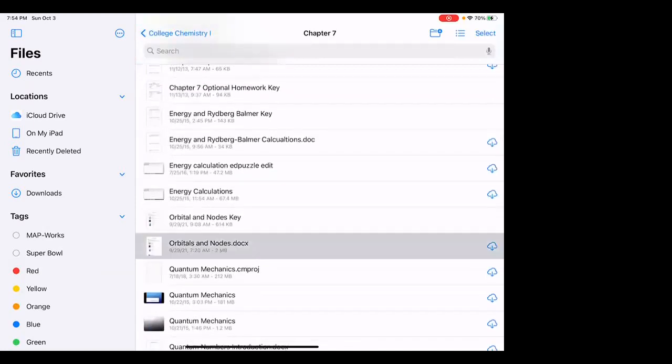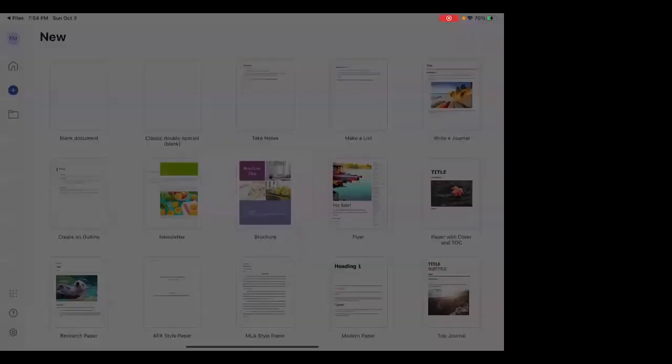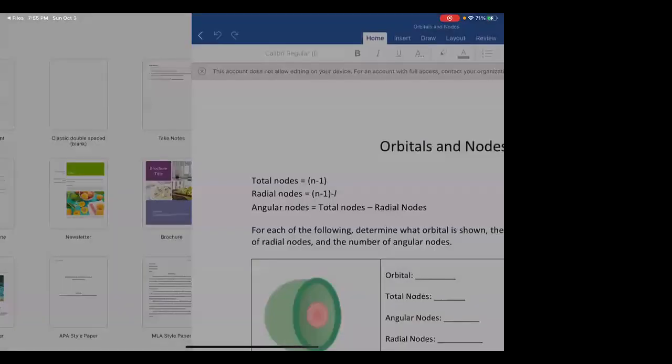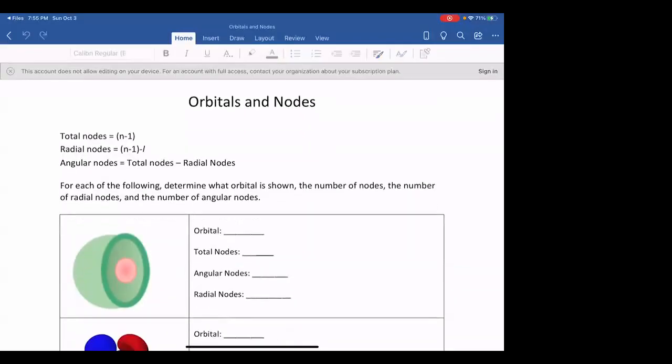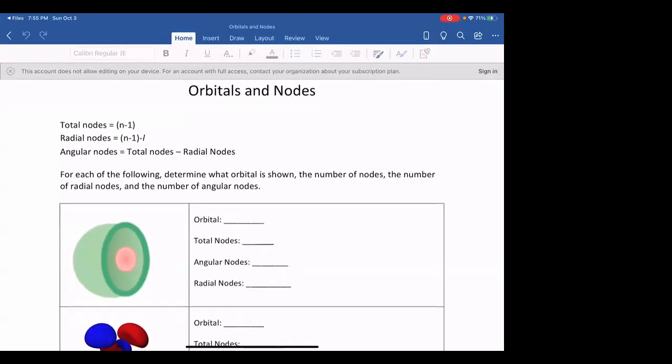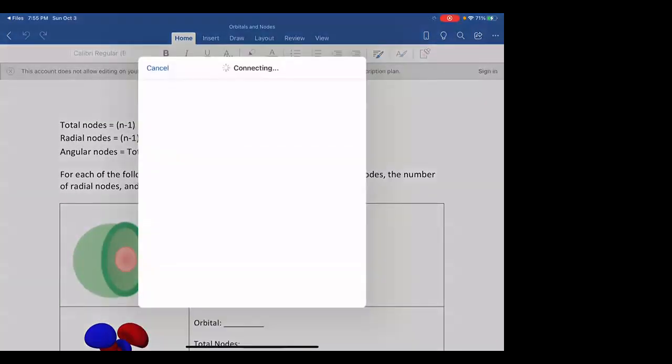There it is. Orbital and nodes. Okay, so let's see, I'll see if I can write on it. Nope, it's not gonna let me. Crumb. Okay, so sorry, it's taken me a minute.